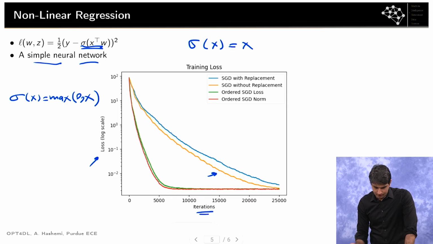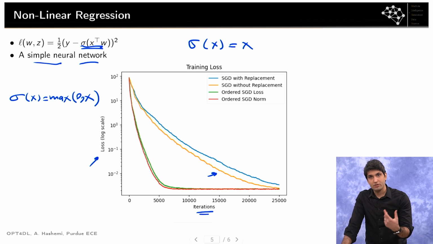The second curve here, the orange curve, corresponds to SGD without replacement. Okay? So basically we are sampling the minibatches uniformly at random without replacement. This corresponds to the epoch-based version of SGD that we talked about in previous lectures. And we can see here that it performs better than the simple version. And this is something we expect, right? Because when we do sampling with replacement, it is still likely to see a sample that I have utilized in the previous iteration.